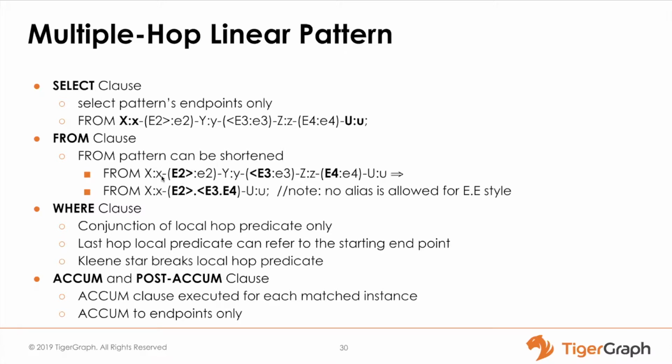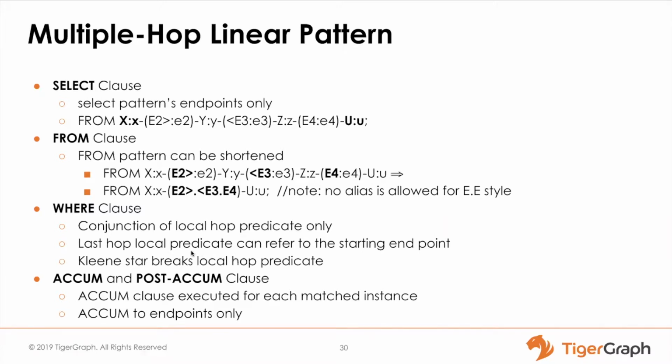For example, X dot age less than Y dot age. Or another local hop predicate, Y, E3, Z, for example, Y dot starting time less than E3 dot starting time, and so on. And then you can have another local hop predicate involving Z, E4 and U.